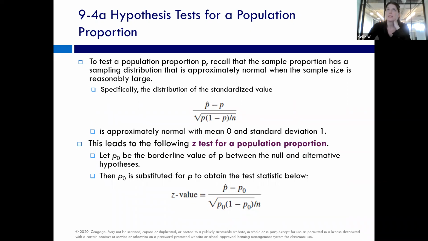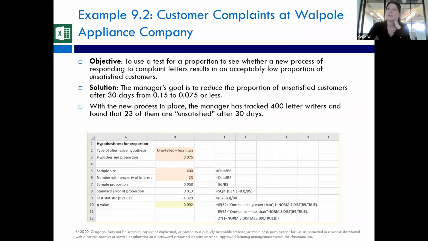So since we're using standard normal, we have a z-test for a population proportion, where p sub 0 is the borderline value of p between the null and the alternative hypothesis. And in order to obtain the test statistic for the z-value, we would calculate it in that following formula, which Excel will do for us.